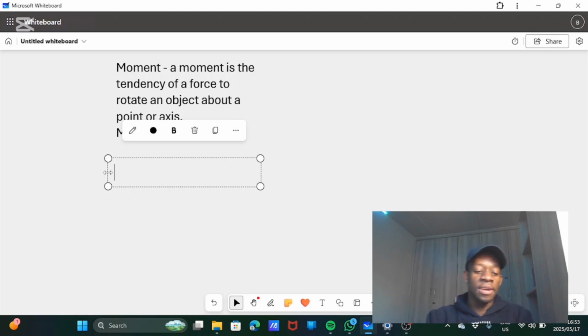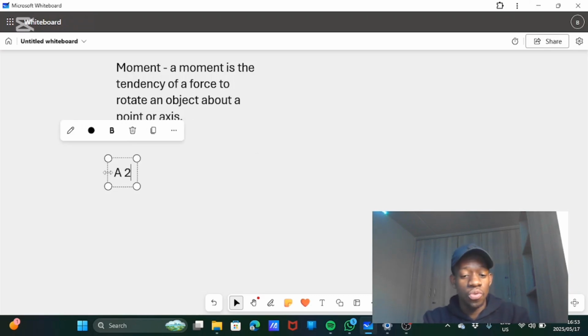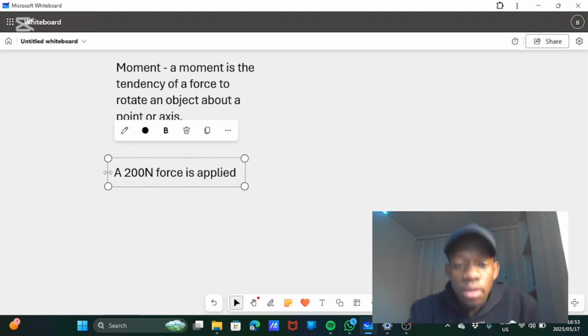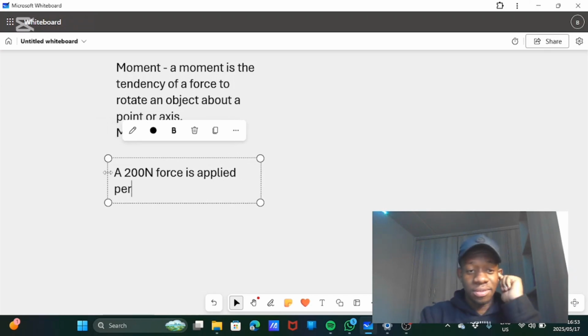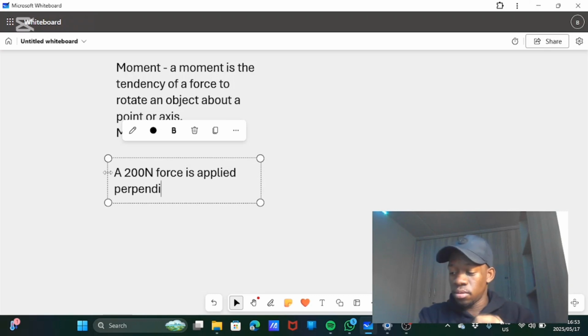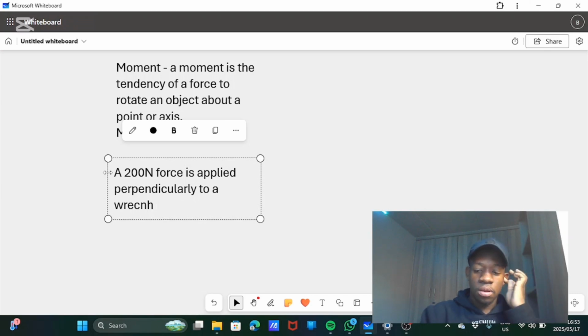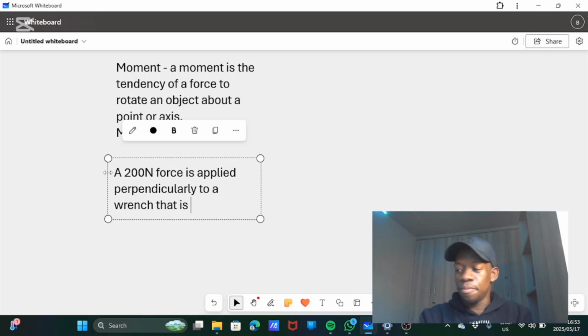Let's say a 200 newton force is applied perpendicular to a wrench that is 0.3 meters long.